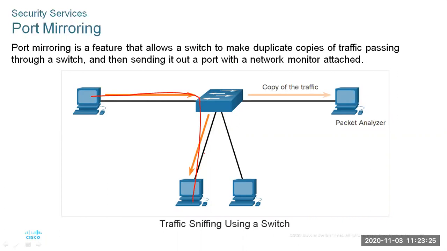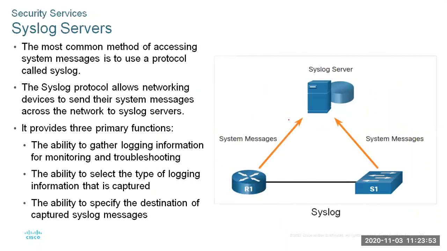Then port mirroring will say every traffic passing through this switch, copy the traffic and send it to this monitor, and this is the guy that will be analyzing it. So that is port mirroring. You specify the ports you want to mirror.